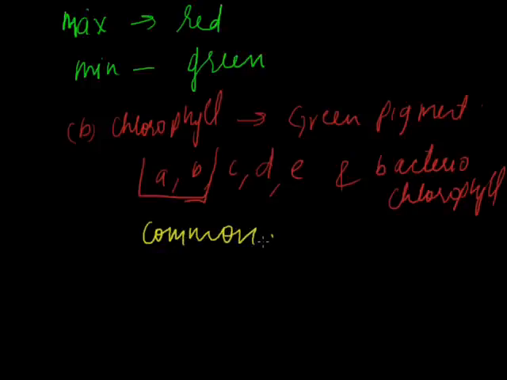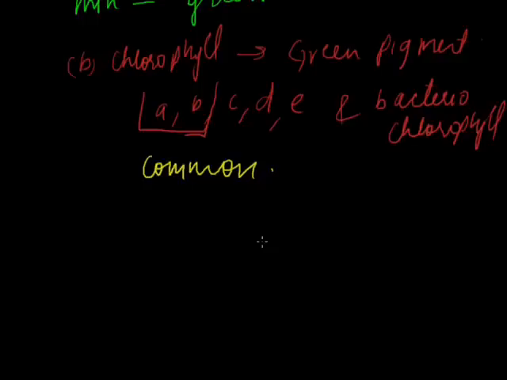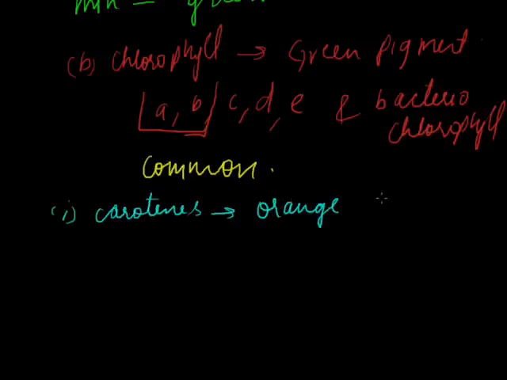Besides chlorophyll, certain other pigments are also present in plants, and these pigments are carotenes. These carotenes are orange in color, and a common example is carrot. Plants can also consist of xanthophylls.